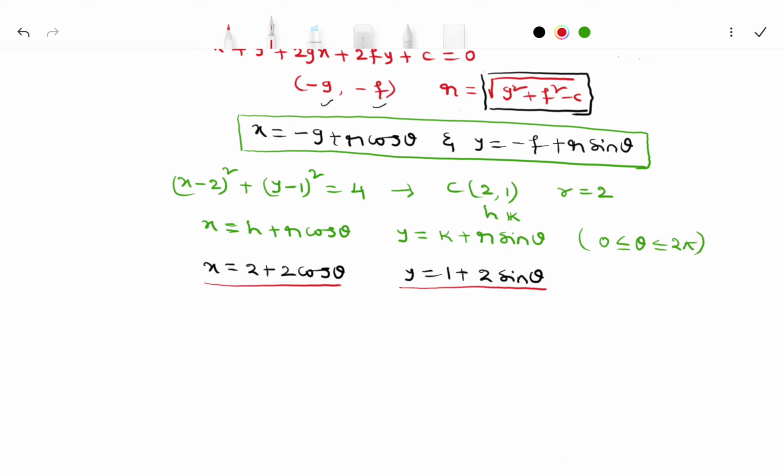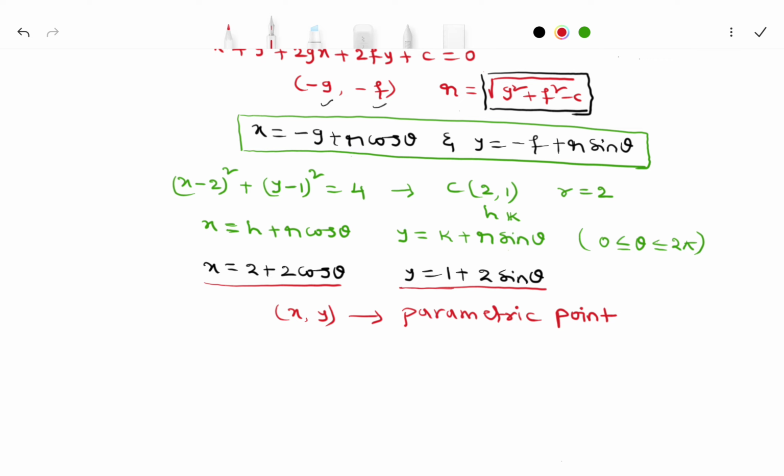If you write the x value as the x coordinate and the y value as the y coordinate, that is (x, y), the parametric point. So like this you can find either the parametric point or the parametric equations by using these concepts.